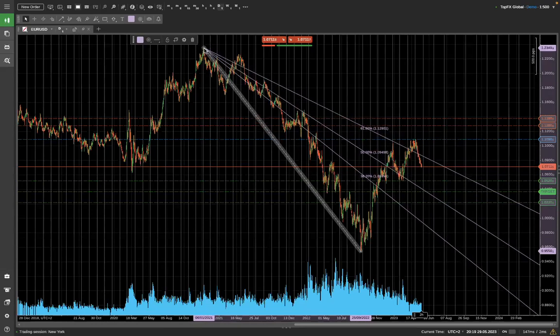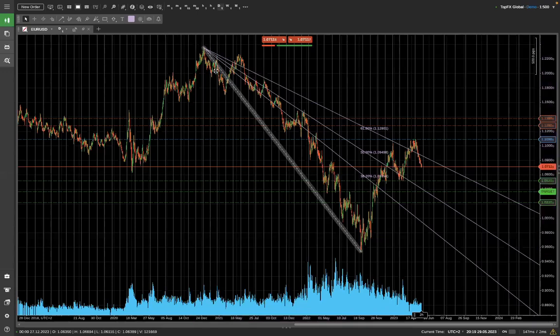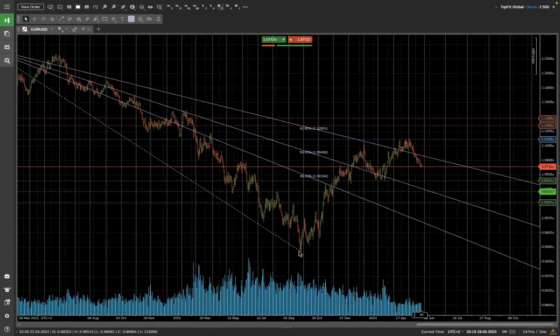If we take into account this swing high and this swing low, this time period, we can see, look, 38 almost to the pip hit, 50 hit as well, then 61 almost hit to the pip. Let me zoom in. There you go.